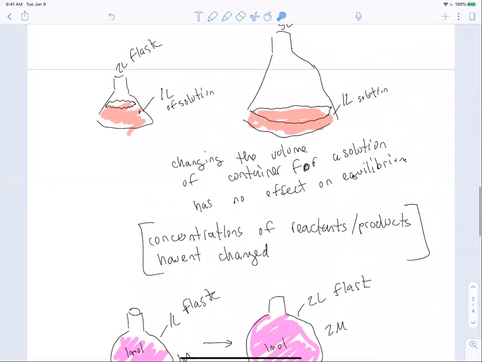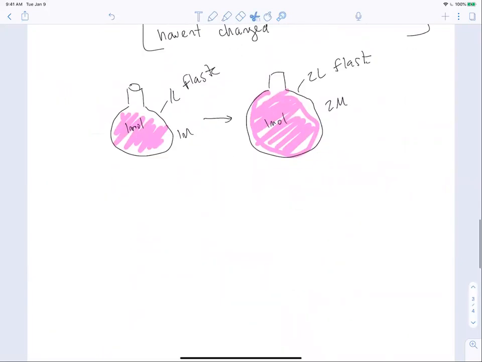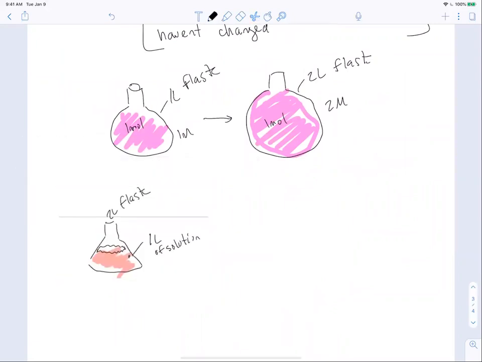So if I took this and wanted to actually do the same thing as right here, where I halve, or sorry, it's actually backwards, yeah, 0.5, sorry about that. If I wanted to halve the concentration, what do I have to do? I have to double, let's say this is in water, I have to add another.